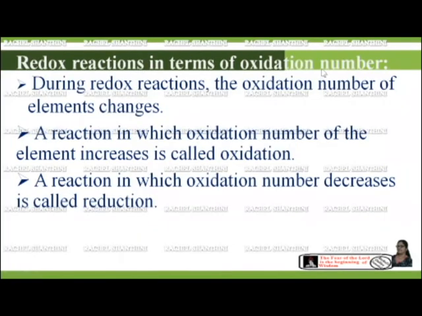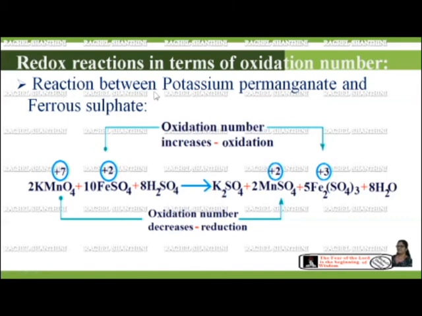Redox reactions in terms of oxidation number. During redox reactions, the oxidation number of the element changes. A reaction in which the oxidation number of the element increases is called oxidation. A reaction in which the oxidation number decreases is called reduction. Let us consider the reaction between potassium permanganate and ferrous sulfate.